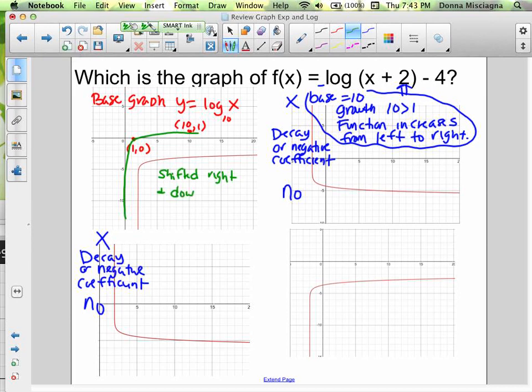Oops. Wait. Oh, that's a minus. Good. I have a chain that's blocking it. I couldn't tell if it was a minus or a plus. So that's shifted right and down. But our graph here, plus 2, is shifted left and down. So this is the wrong way.